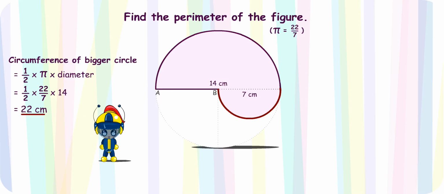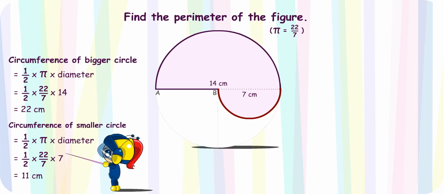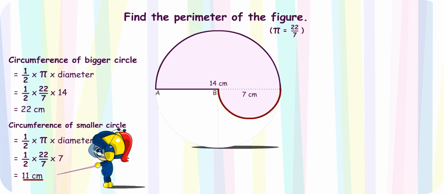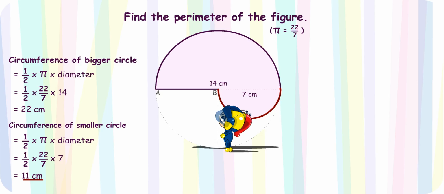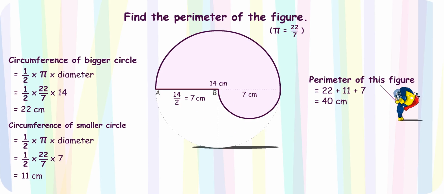The circumference of the smaller circle is half times pi times diameter, which is half times 22 over 7 times 7. It is 11 centimeters long. The length AB is the radius of the bigger semicircle, so it is 14 divided by 2, which equals 7 centimeters long. Thus, the perimeter of the figure is 22 centimeters plus 11 centimeters plus 7 centimeters, which equals 40 centimeters.